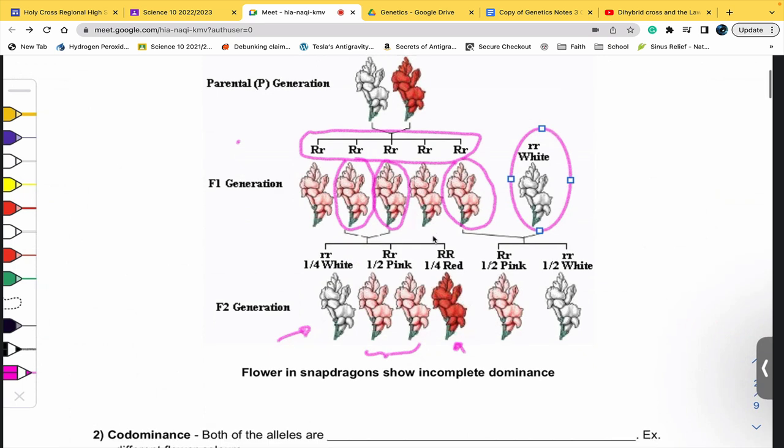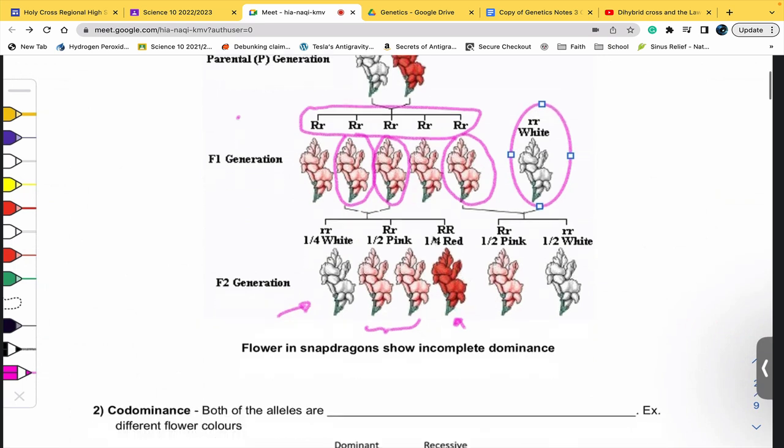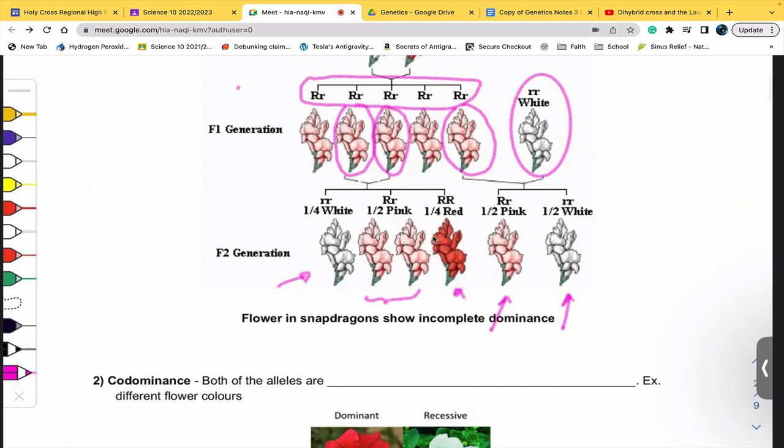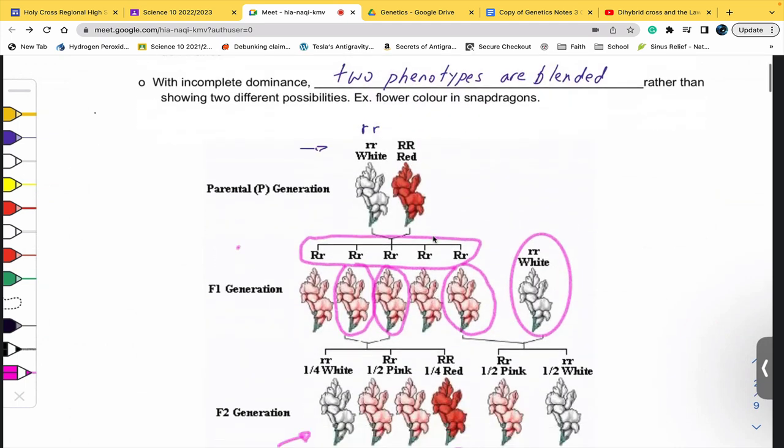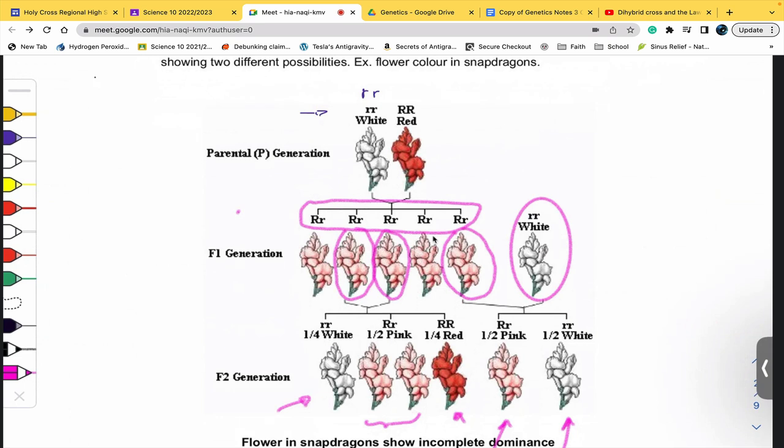And again, using a Punnett square, we'd get half of them being pink and half the snapdragons being white. Proving, at least in this case, combining the different alleles, the big R, little r, results in what we call incomplete dominance, where there's a blending of colors.